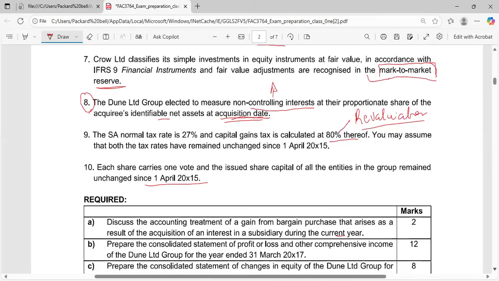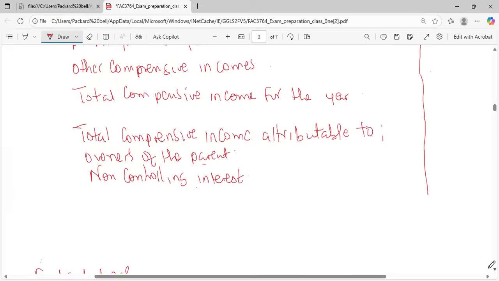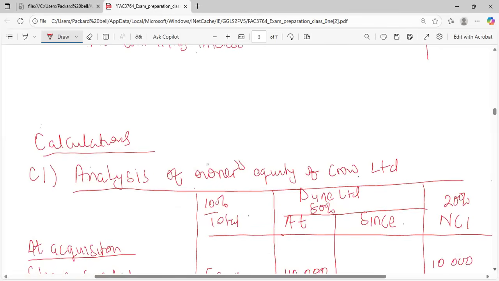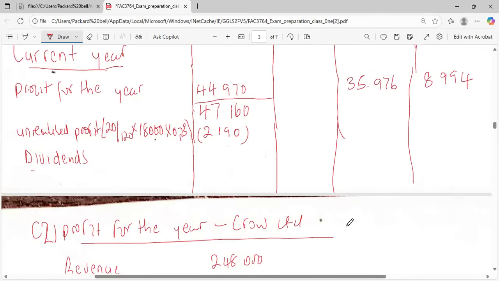So the dividends are 6,000, and 80% of 6,000 is 4,800. Then what belongs to NCI? We minus the 4,800, and we get 1,200. So that's there on dividends.